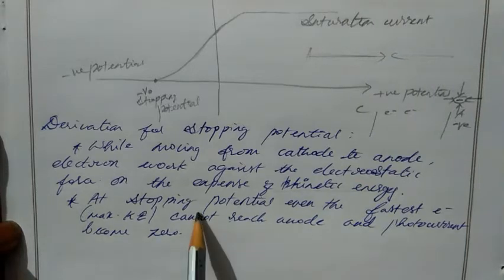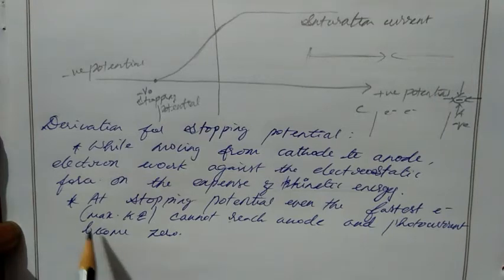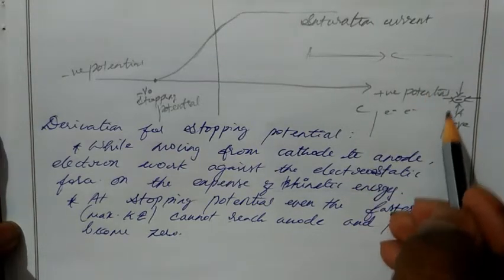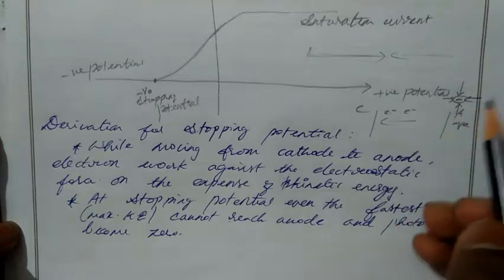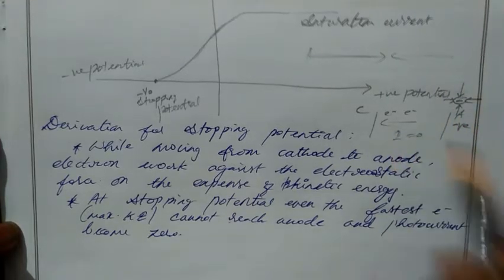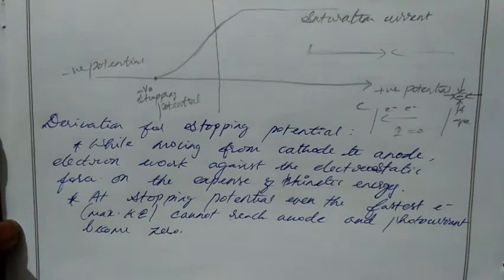So at stopping potential, even the fastest electron cannot reach the anode and the photocurrent becomes 0. Even the fastest electron, which has maximum kinetic energy, cannot reach the anode, so it comes back, hence the current value will be 0 at that particular point.